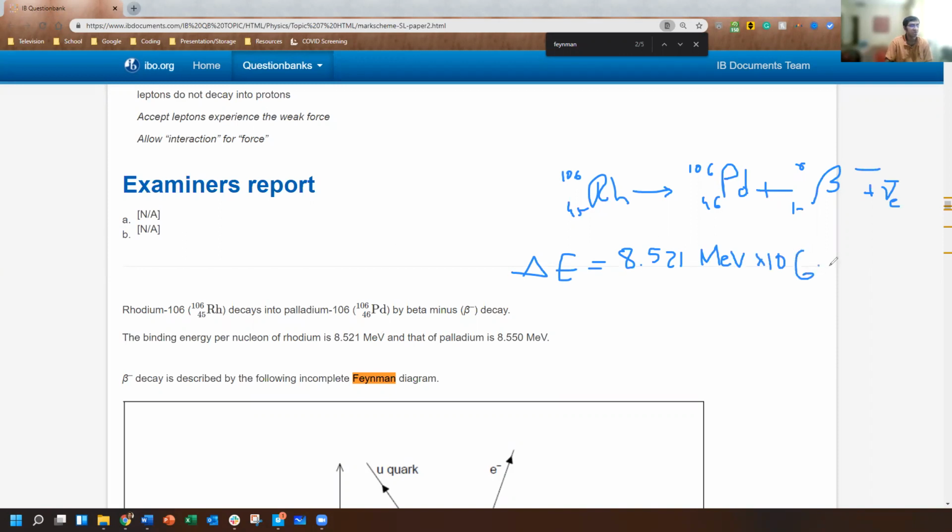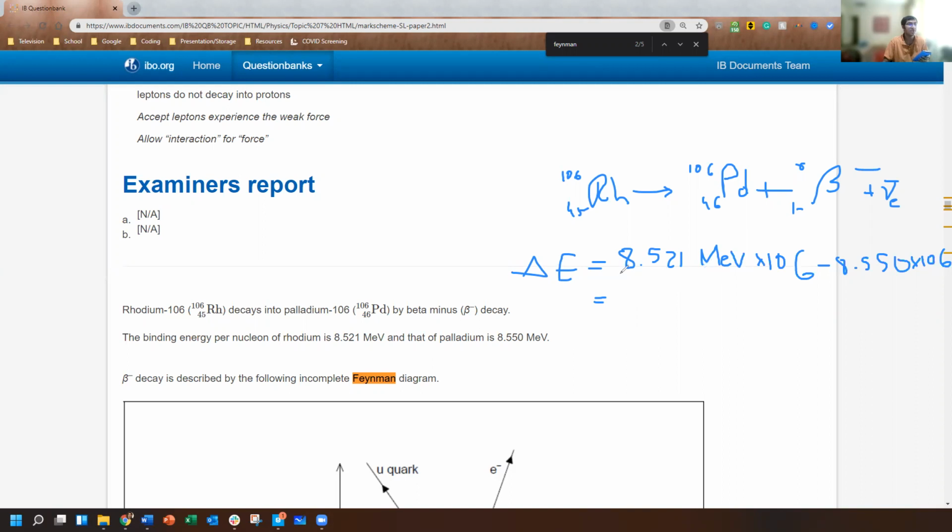And then if we subtract 8.550 times 106. So if you do minus initial, you get a negative number for release, but either way. Now you put in 8.521 times 106 minus 8.55 times 106, and you get, oh wait, this is a negative number because I did initial minus.